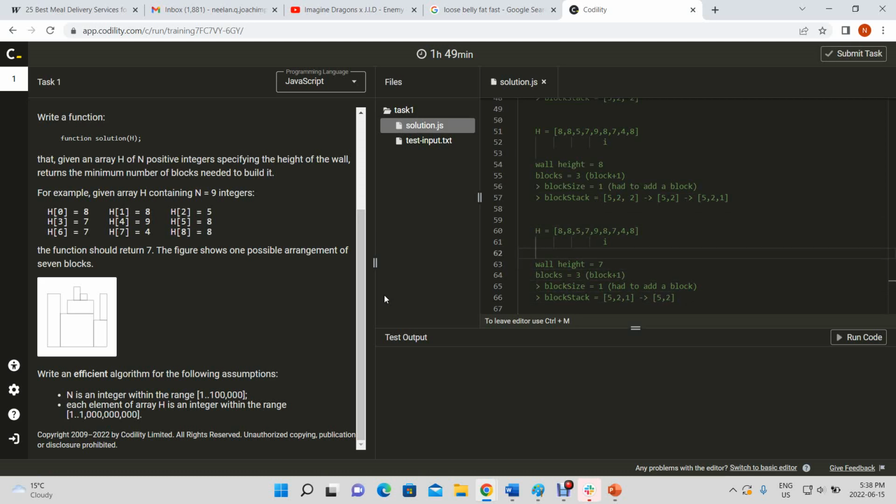Okay, so we have a wall height of 7, so we can actually just pop out our top block, right? We'll increment our blocks to 4. The block size currently is 0 because we didn't create a block here, right? So we are left with a 5 and a 2.